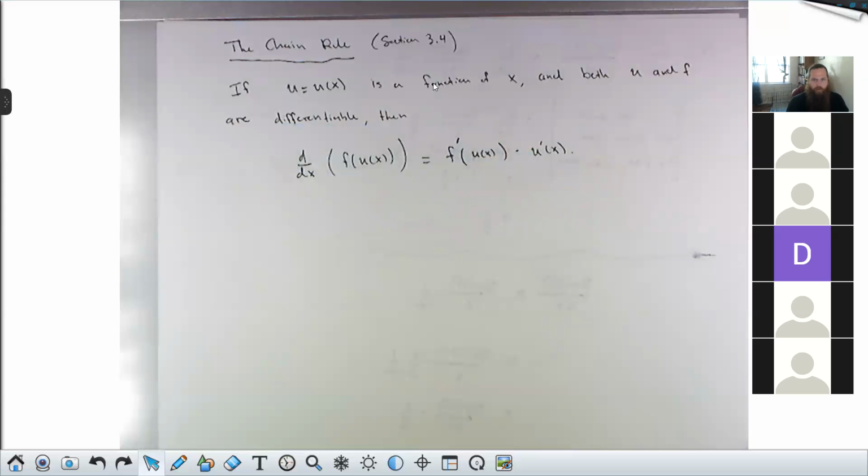But first, I just want to get you comfy with how the rule feels to use. So if you're trying to differentiate a function that has an outer function and an inner function, these are composite functions, you differentiate the outer function while leaving the inside alone, and then multiply by the derivative of the inner function.